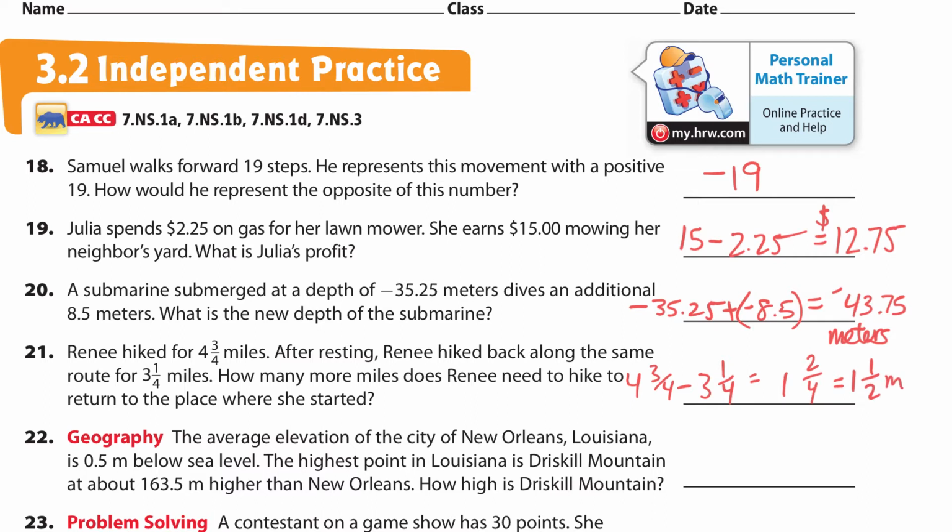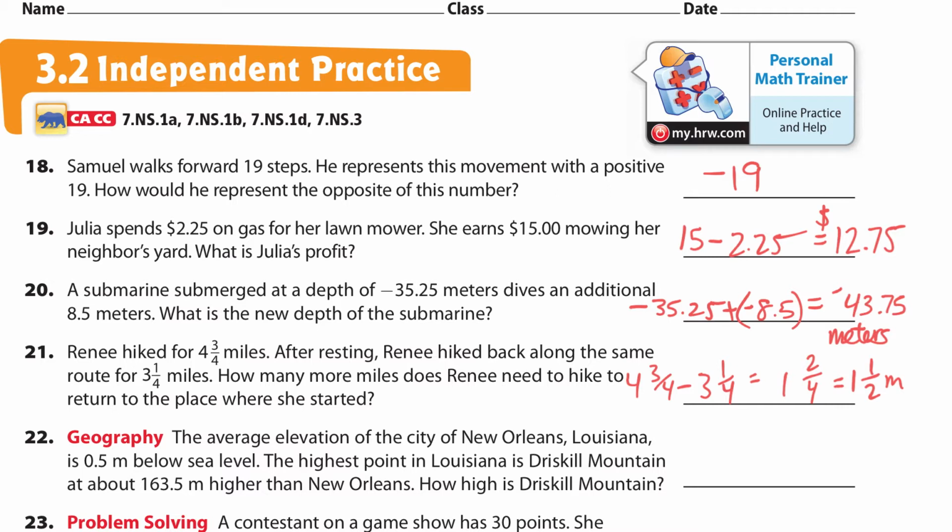Miles. M for miles. For geography here, the average elevation of the city of New Orleans, Louisiana, is 0.5 meters below sea level. The highest point in Louisiana is Driscoll Mountain, which is about 163.5 meters higher than New Orleans. How high is Driscoll Mountain?